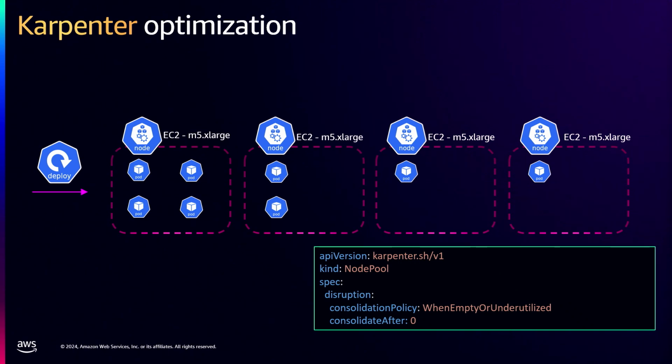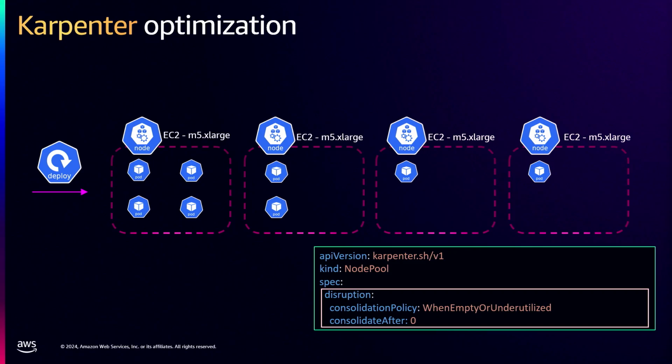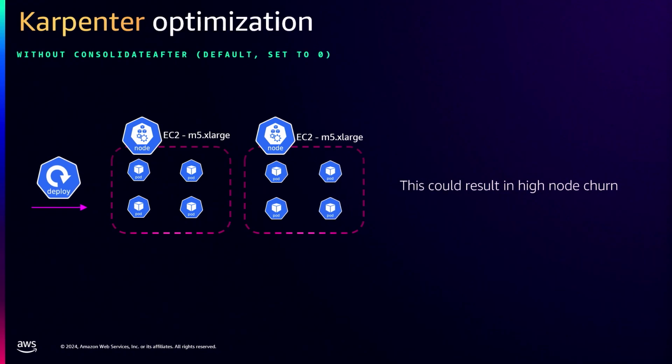The last three, not so much. With Karpenter, you can specify the consolidation policy WhenEmptyOrUnderutilized, and Karpenter will automatically bin pack your pods, terminate the unnecessary instances, and save you a lot of money.